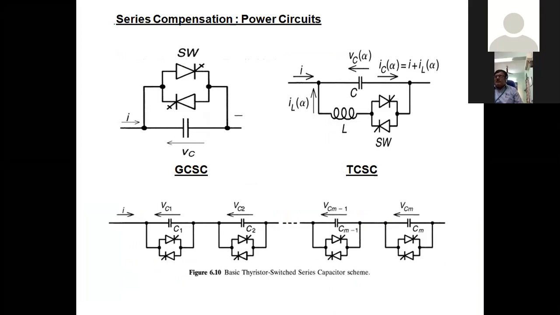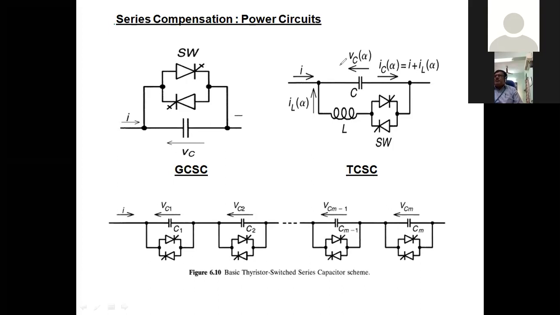One is the GTO thyristor controlled series capacitor. Second one, thyristor controlled series capacitor. And third one, thyristor switched series capacitor. So we have a total of three devices in this chapter along with the objectives.